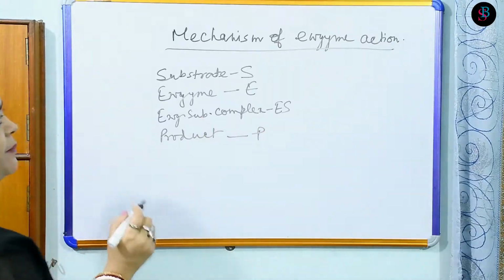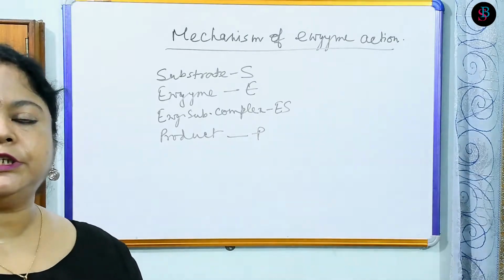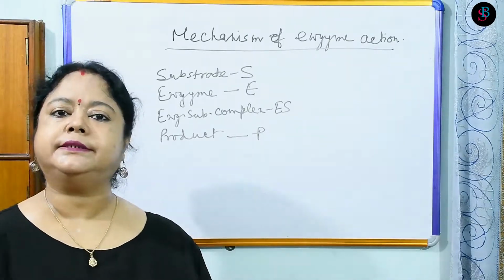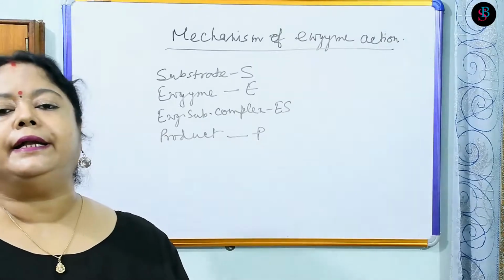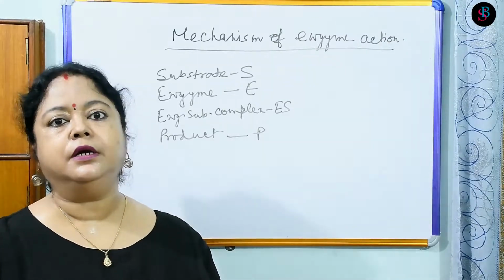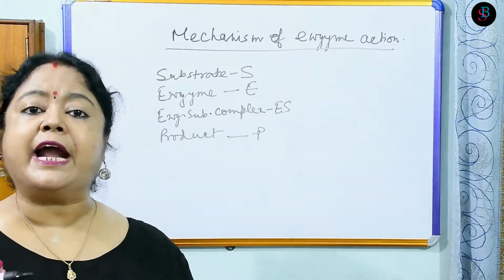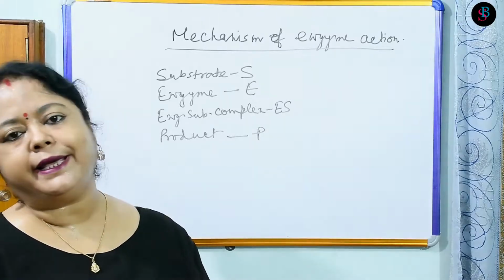So in mechanism of enzyme action, the first action is that the enzyme has its active site, already I have told you, and according to that active site the structure of the substrate should be fitted, and the structure of the substrate should be at par with the active site of the enzyme.